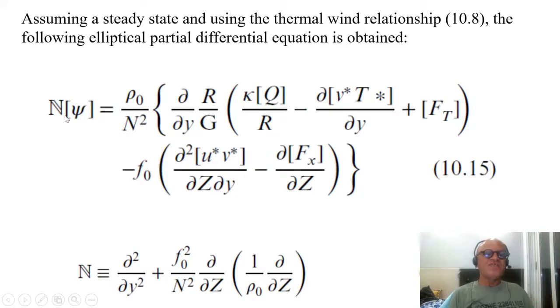So the operator N psi here is this complicated function, which involves the ideal gas constant, Brunt-Väisälä frequency, vertical scale height, the thermodynamic parameter R over Cp, diabatic heating, eddy heat flux, divergence of the eddy heat flux, thermal dissipation, and the relation to the thermal wind.